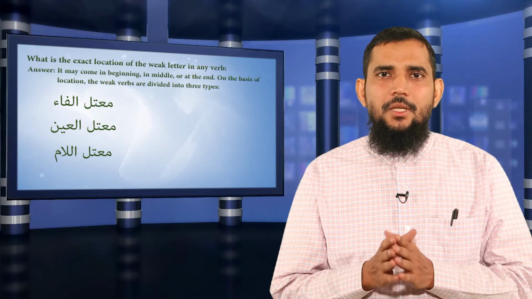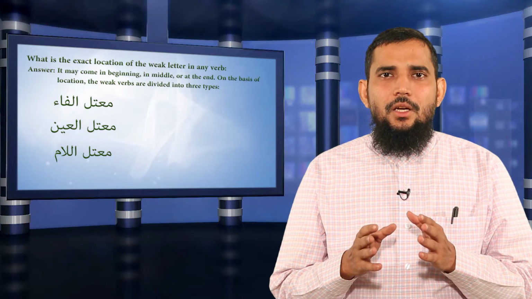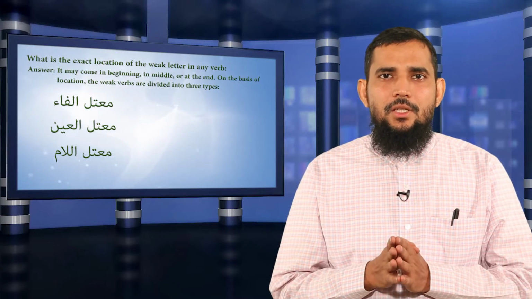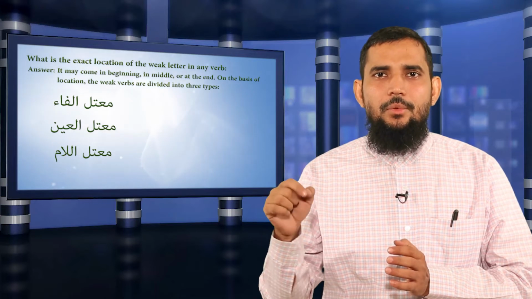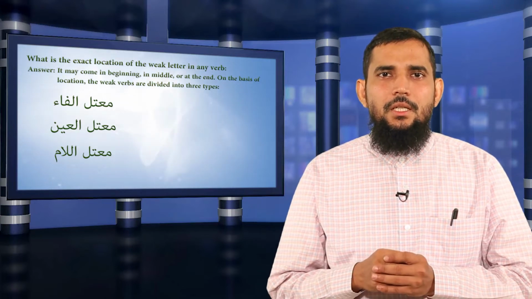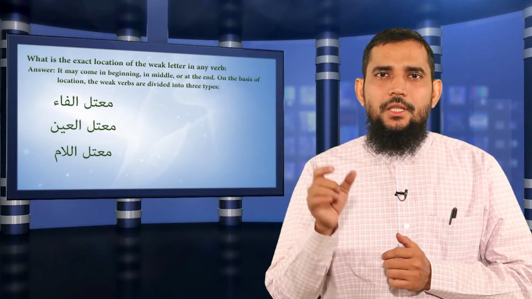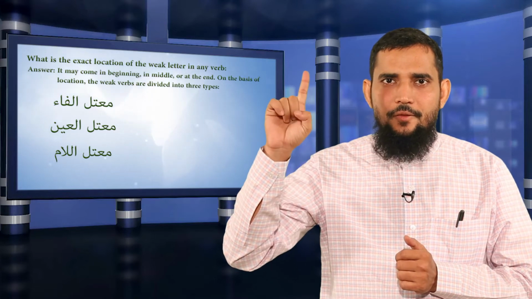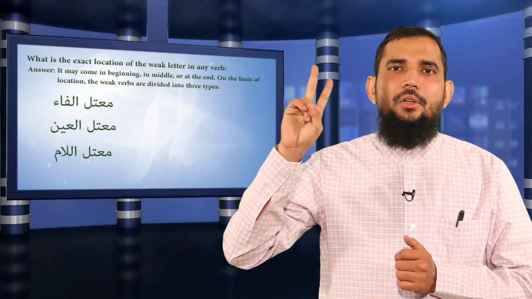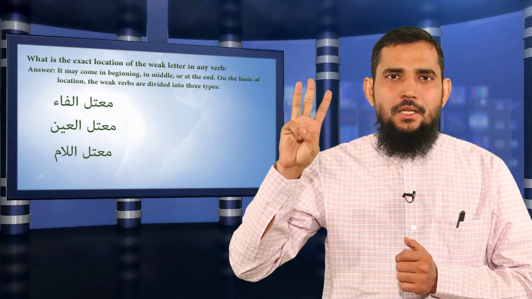You may repeat with me. A learner of the Arabic language should remember certain Arabic terminologies so that he may not get confused in future. Mu'talul fa, first radical. Mu'talul ain, second radical. Mu'talul lam, third radical.